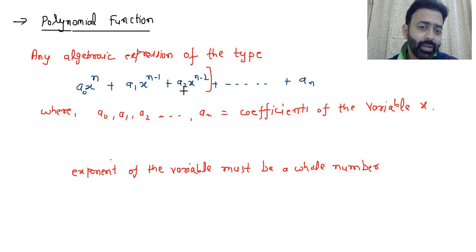Had it been just n equal to 1 or n equal to 0, then you would get x raised to power minus 1 here, and minus 2 here. If n is 0, then that will be in the denominator, and the exponent will not be a whole number or a positive integer. So the exponent of each and every variable must be a whole number, not just a single variable.